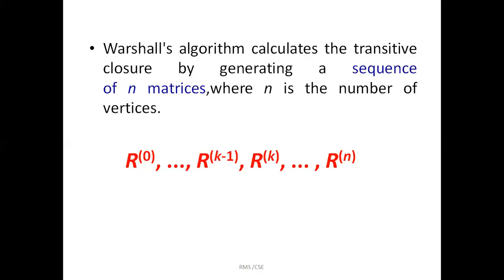For example, to find R^1, I should take the help of R^0. Next, to get the R^2 matrix, I need the help of R^1. Like this, by taking the help of previous results stored in the form of matrices, we get the next matrix. Once I get R^n, the final matrix indicates my transitive closure.